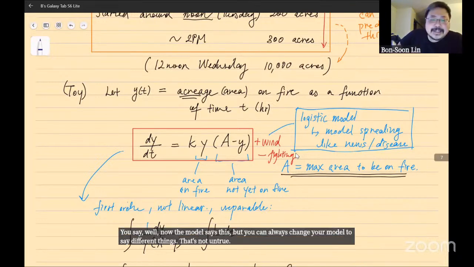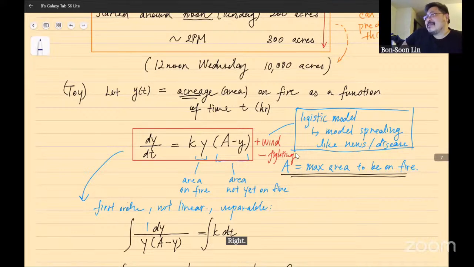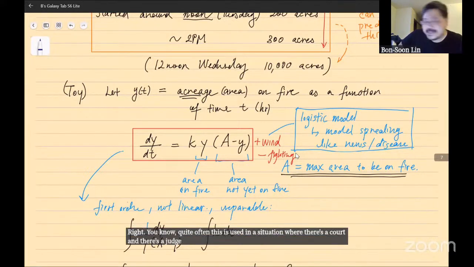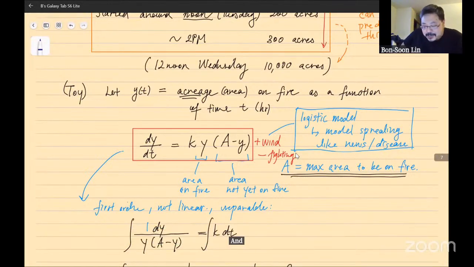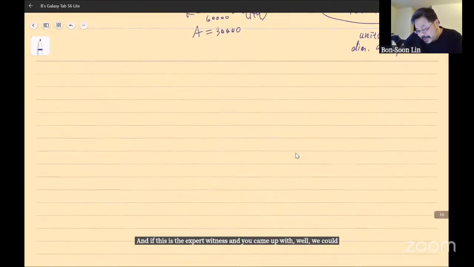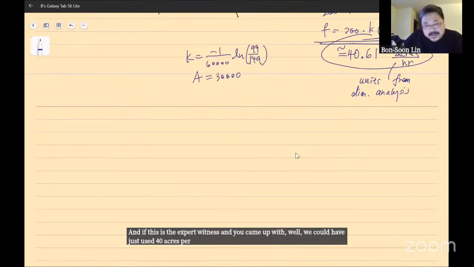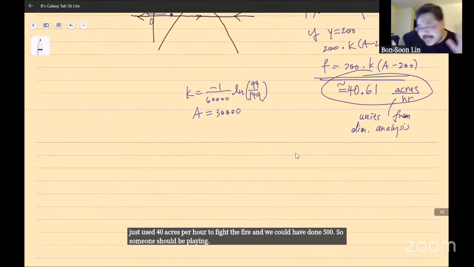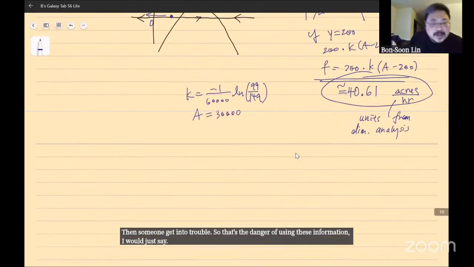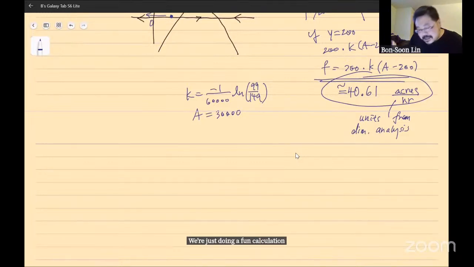Quite often this is used in a situation where there's a court and a judge saying the people messed up, and who's to blame? If the expert witness says we could have just used 40 acres per hour to fight the fire and we could have done 500, then someone should be blamed and gets into trouble. That's the danger of using this information. We're just doing a fun calculation to see what could happen, or what did happen.